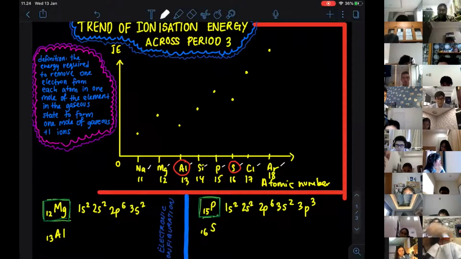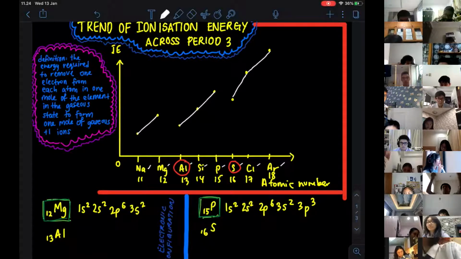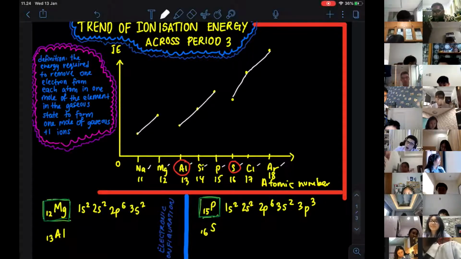If you look at the general trend, this is going to go up, this is going to go up as well, and this is also going up. But you will notice that there are going to be some abnormalities, when it comes to magnesium to aluminium, and phosphorus to sulfur. There is going to be a decrease, rather than what we expected.